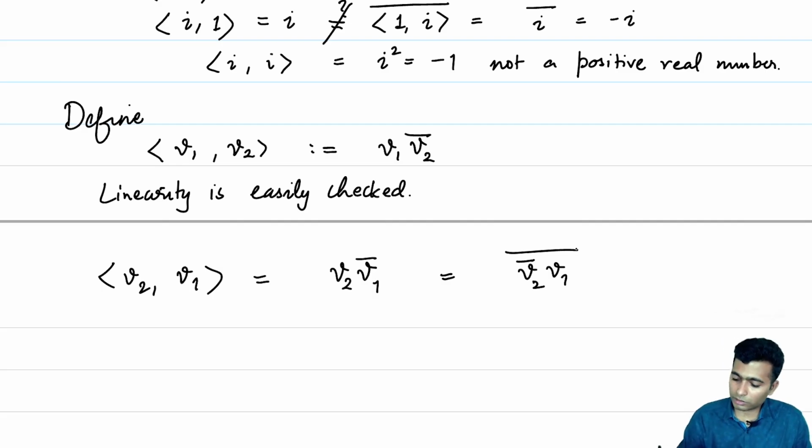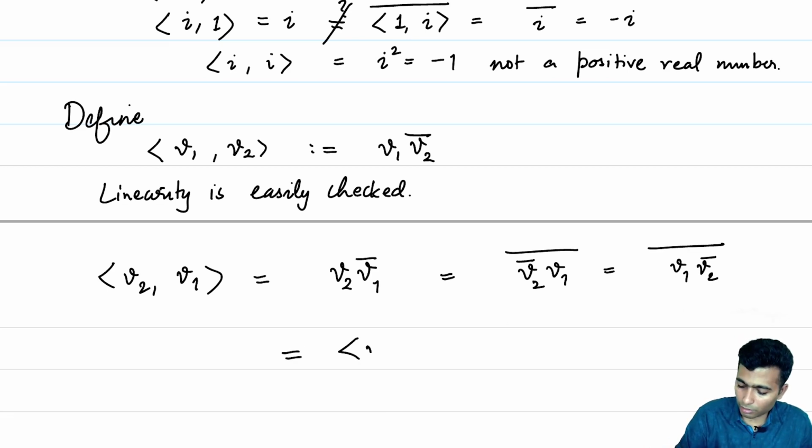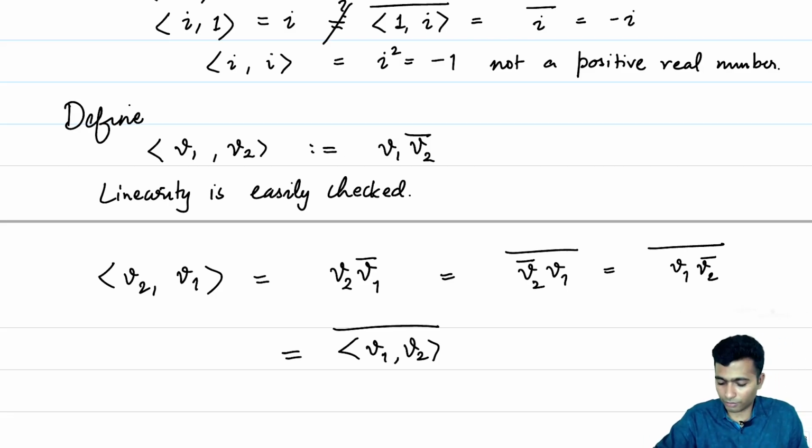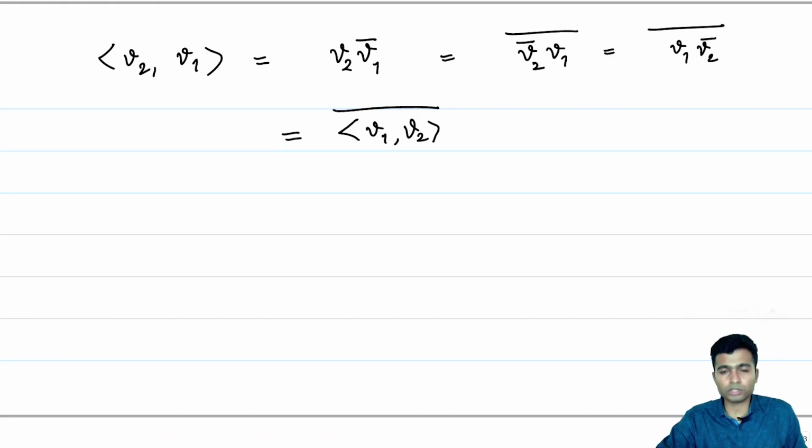And this is nothing but the bar of V1 times V2 bar, which is the conjugate of the inner product of V1 and V2. So yes, that is getting satisfied.